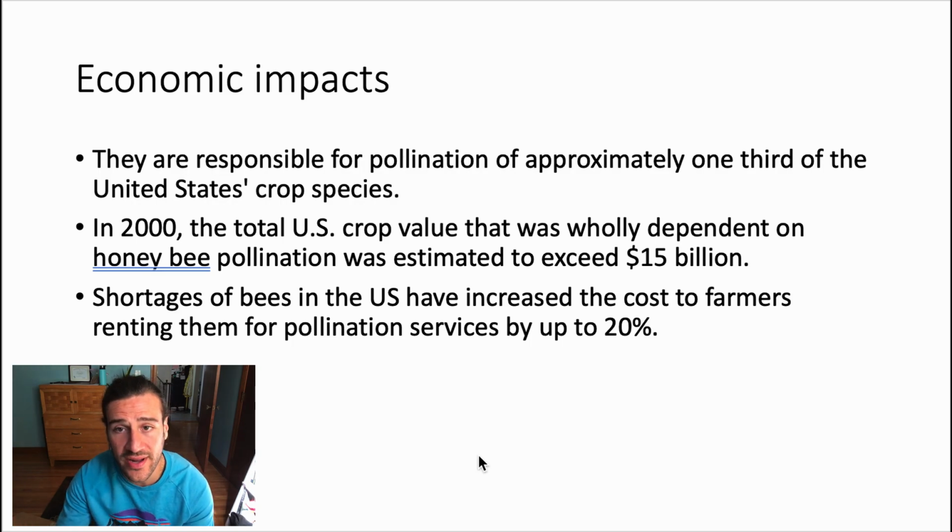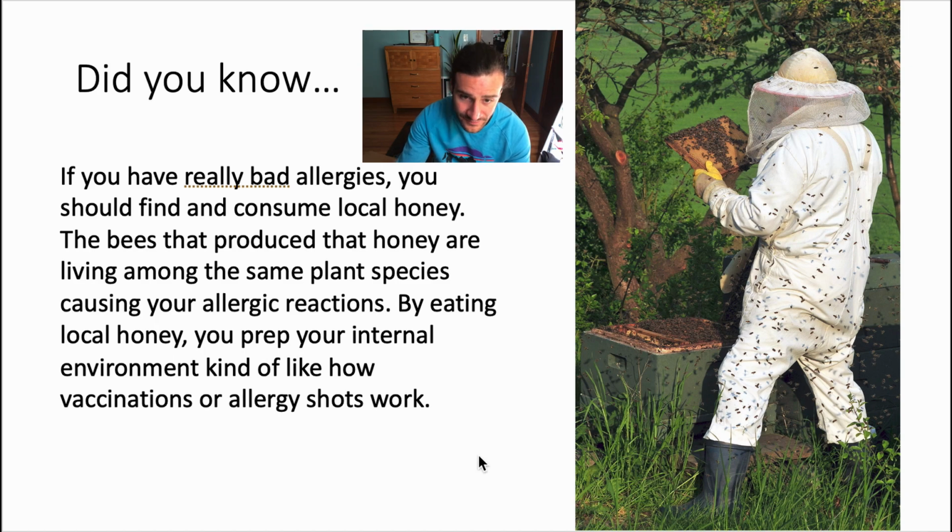So really crazy times. And here's just a little tidbit of information. If you guys ever suffer from seasonal allergies, like in the spring, you should get some local honey, because that local honey is obviously going to be made from local bees. Those bees are interacting with some of the pollen that is making your body have an immune response.